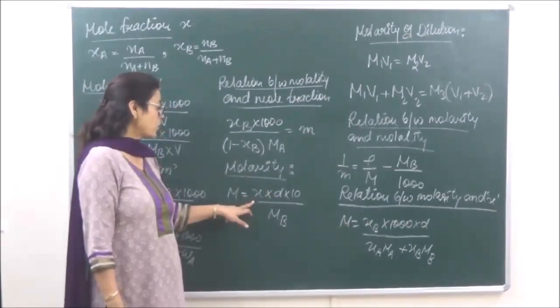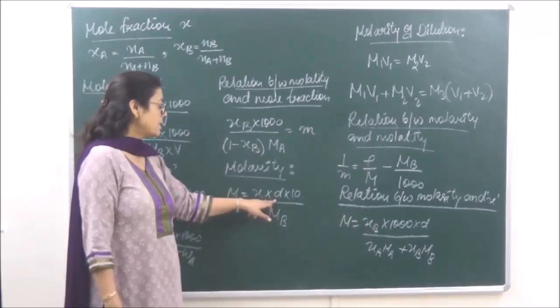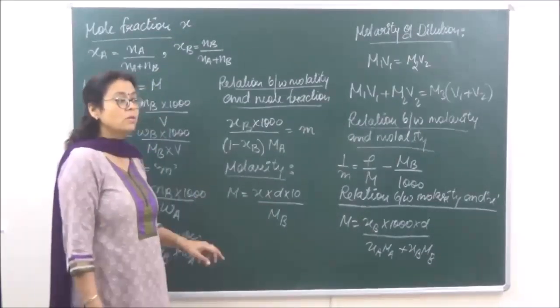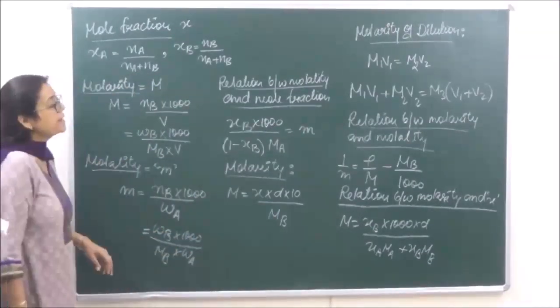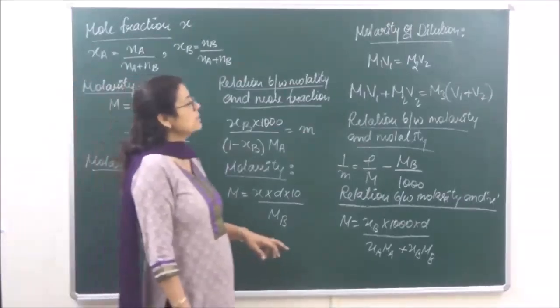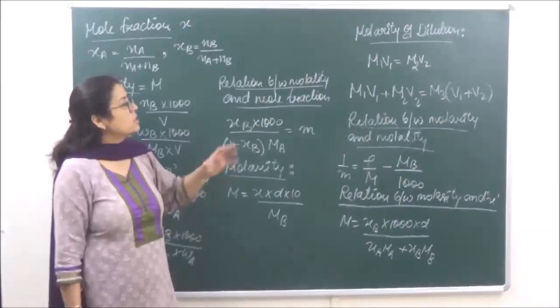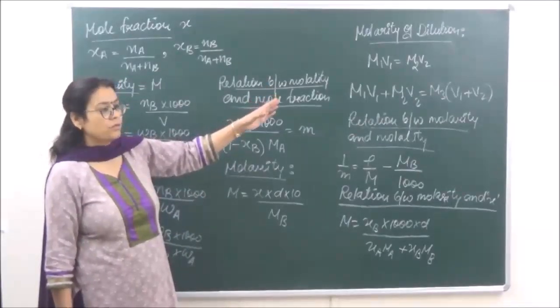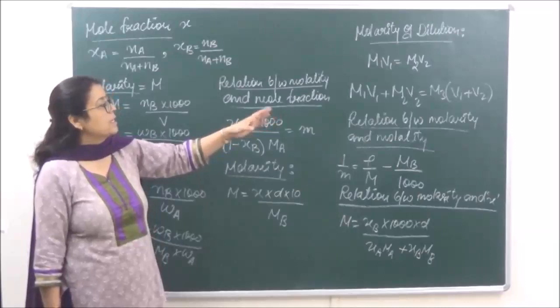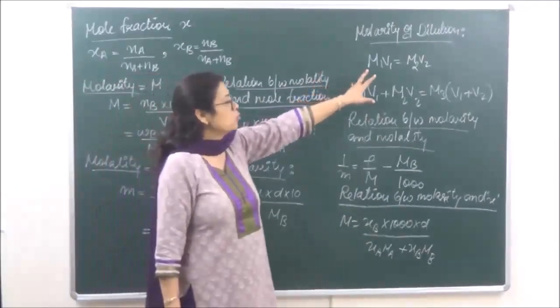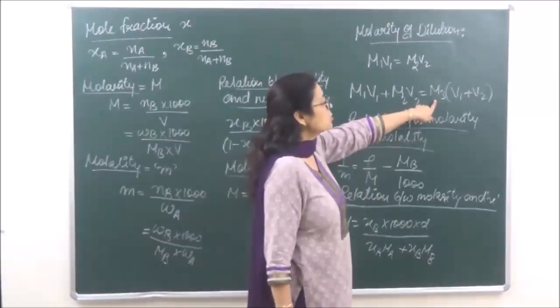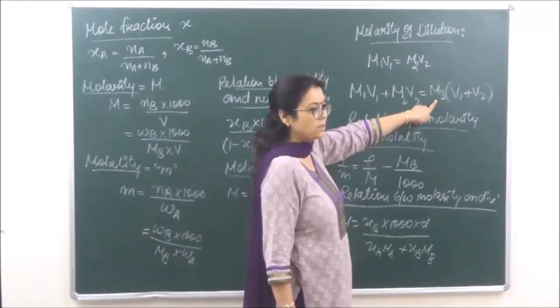So x is going to be the percentage, d is the density, into 10 upon molar mass of the solute, right? Then molarity of dilution means what? That when we are mixing, we are doing the titrations. If the molarity of one is known, we can calculate the molarity of the second, and if we mix these two, then the molarity of the mixture can be calculated by this method.